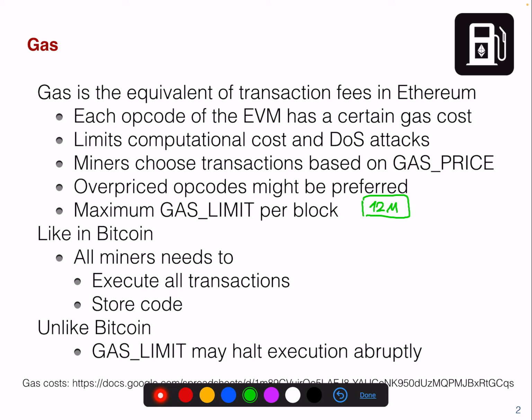If it's valid, it's executed. If it's not valid, it's not executed. And in Bitcoin, you have the block size limit, so your transaction size should not be bigger than the block size limit. Whereas in Ethereum, you have the block gas limit, which is necessary due to the loops that are possible.